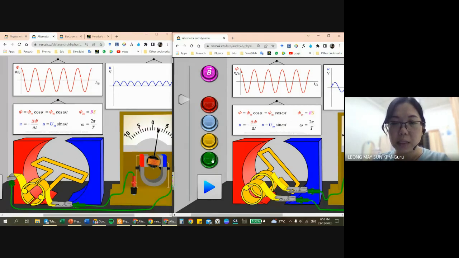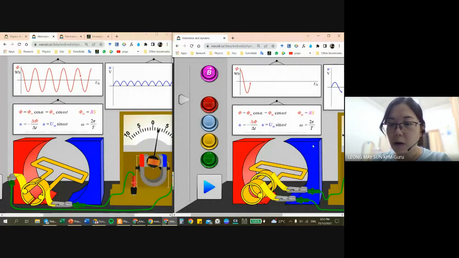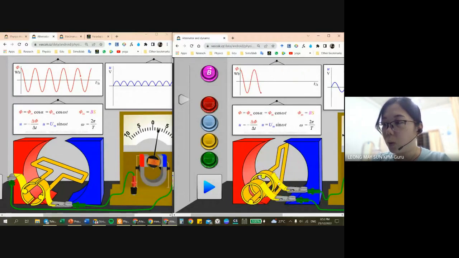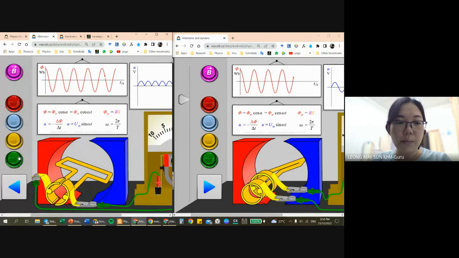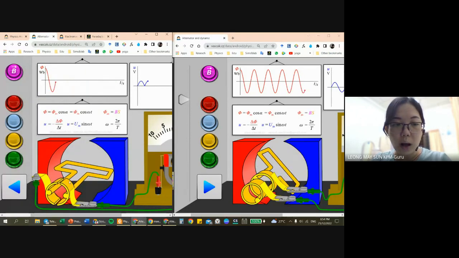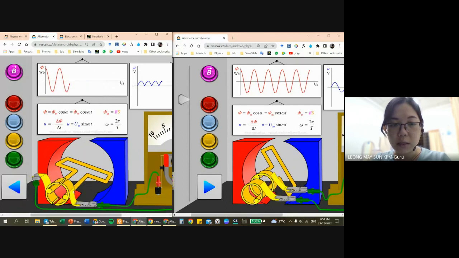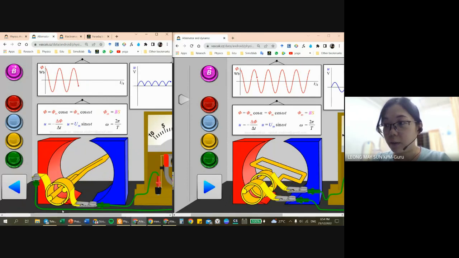So I'm going to play this and you're going to have a look. For alternating current, the carbon brush always touches the same ring. But for direct current, the carbon brush changes.